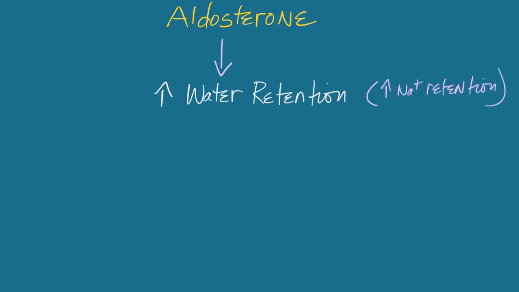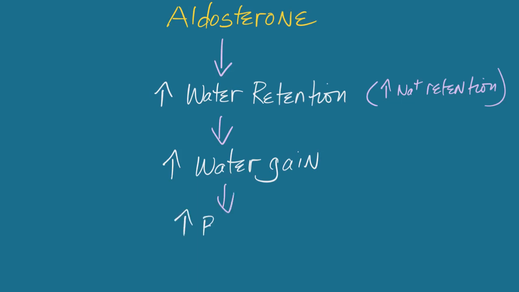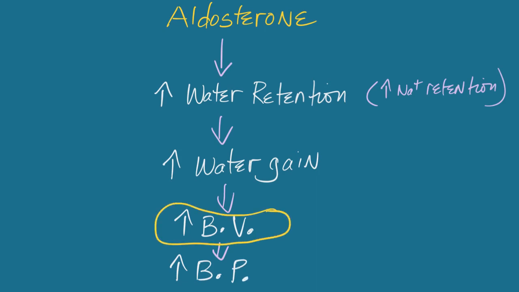When water retention increases, it increases water gain. So when there's more water, there is more blood volume. Blood volume increases, therefore blood pressure increases as well. Note how this has no effect on peripheral resistance because there is no arterial action going on here.